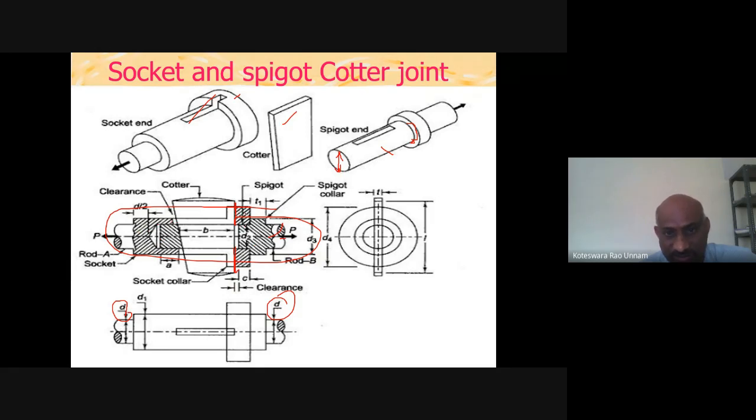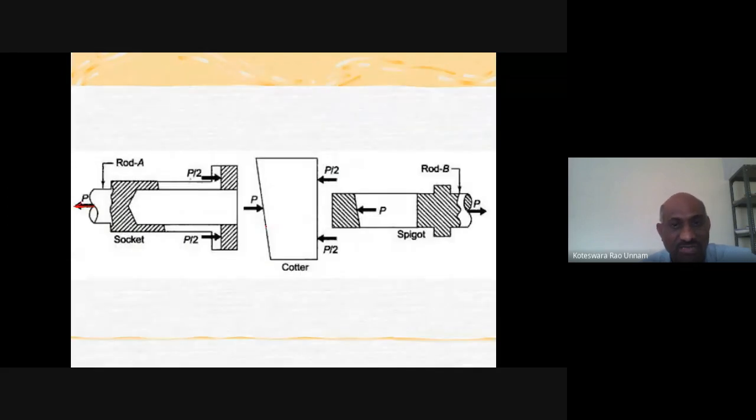This is the socket and this is the spigot. Then to find the contact, you need to find what the reaction is. We'll assume that the contact force is uniform. Therefore, for equilibrium, this should be P by 2 and this should be P by 2. So you can see that now this socket is in equilibrium: the leftward force is P and the rightward total force is also P.